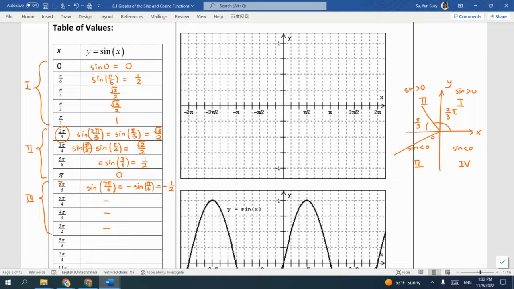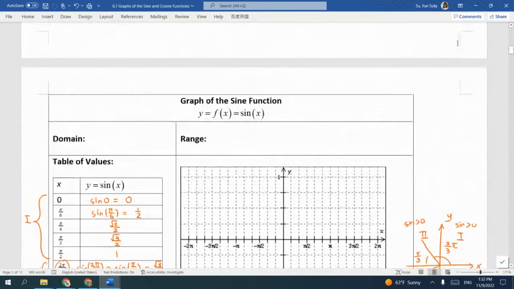What's the reference angle of 5 pi over 4? It will be pi over 4. Because, okay, how do you figure out the reference angle again? If your angle is in the first quadrant, then the reference angle equals theta.